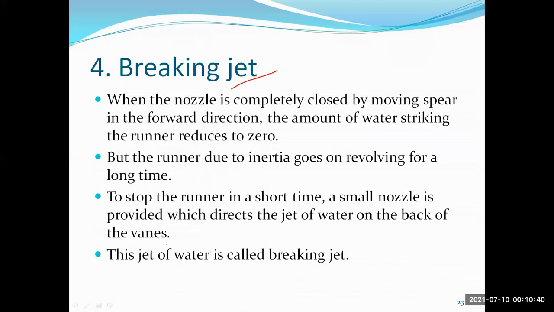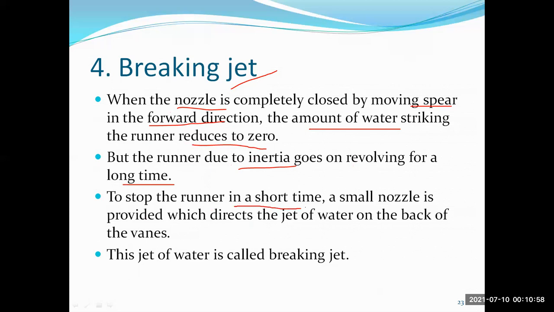Once you close the nozzle completely by moving the spear in the forward direction, the amount of water striking the runner will reduce to zero. But due to inertia, the runner will still be rotating for a very long time.